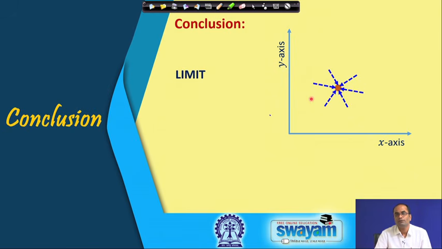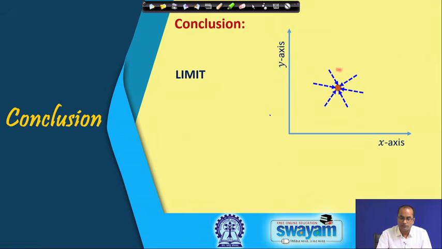So, computing the limit along a particular direction will not help, but at least if we find two directions where the limits are different, then we can conclude that the limit does not exist. But we cannot conclude by evaluating the limit along two or many paths that this is the limit, even though the limit may be the same along several paths.